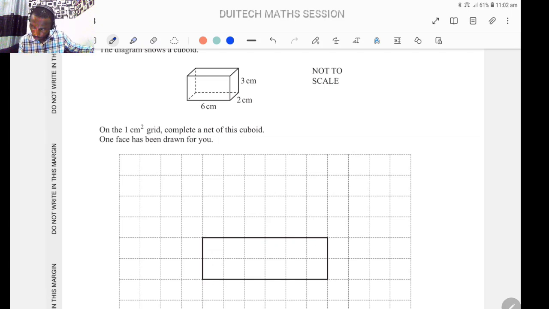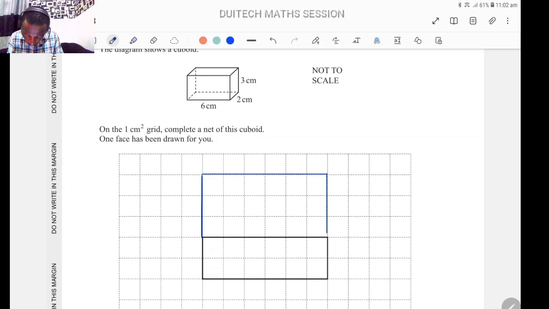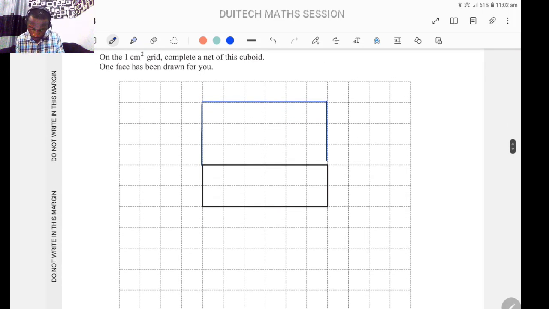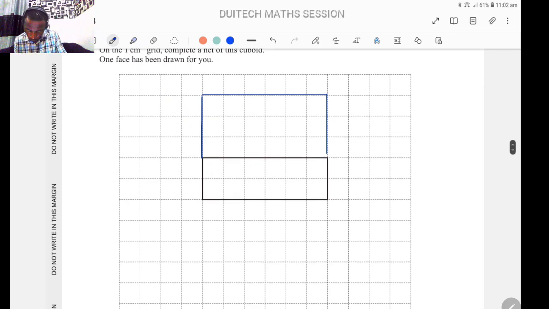So let's see how to obtain the other one. This other height is 3 centimeter, so we can draw it. Let me use my ruler to draw it. The next one I want to draw is the 3 down, because we're opening it. Let's assume this is the base, so we draw 3 down equally.